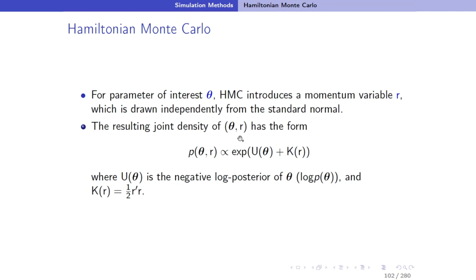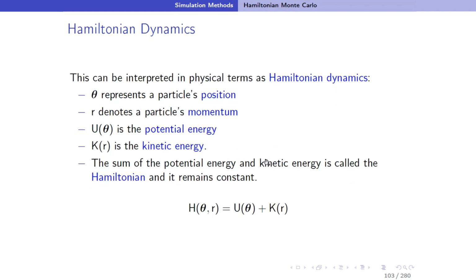And now on the form, it results in this density, which we assume has the form of exponential of minus U of theta and K of r. U of theta is the negative log posterior distribution. And K of r has this quadratic form, half of r transpose r. You can see that this came as a normal kernel. That's why this thing is designed to be this way.